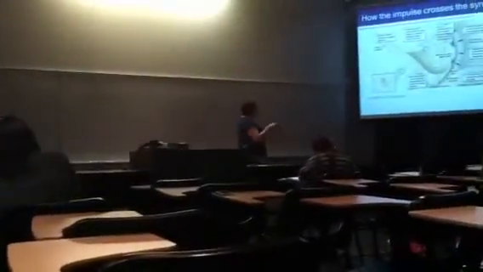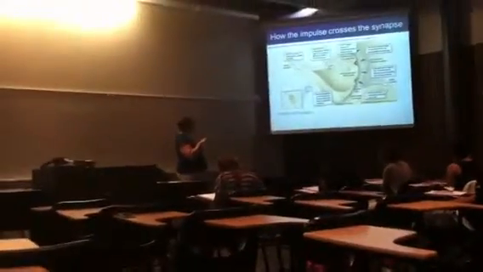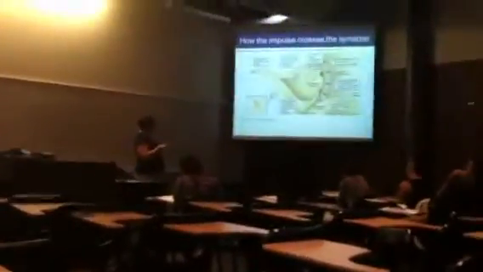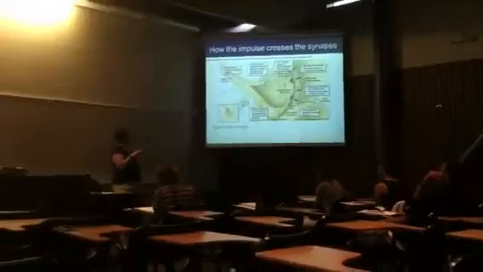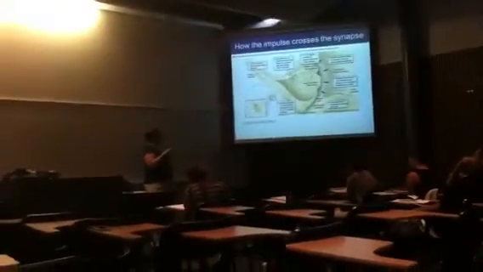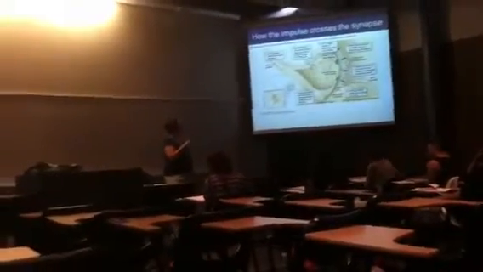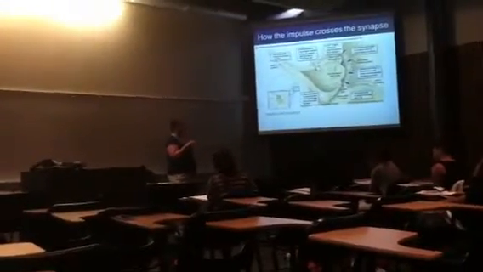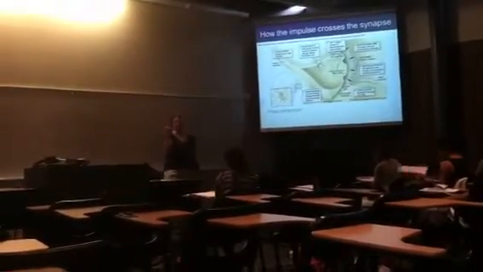Okay, so let's take a look at the steps involved with this. So you get depolarization down the axon until you get typically around the terminal button. And what happens here is that once you get the action potential in this area, you have calcium voltage gated channels that pop open.